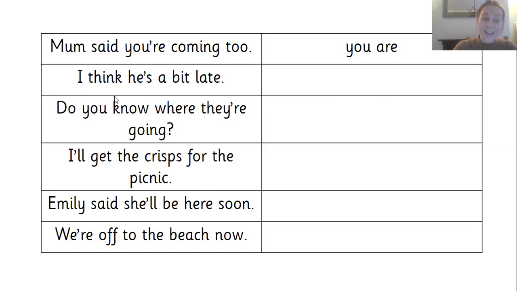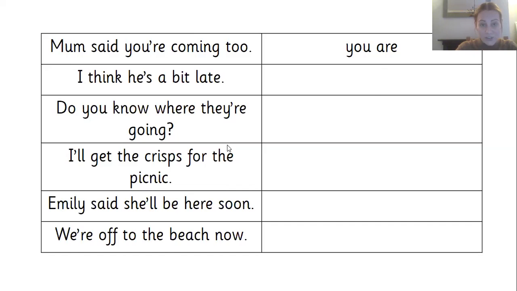So the next sentence says, I think he's a bit late. So the job for you to do is to pick out the two words that have been squeezed together to make the contraction and to write them in this table here.